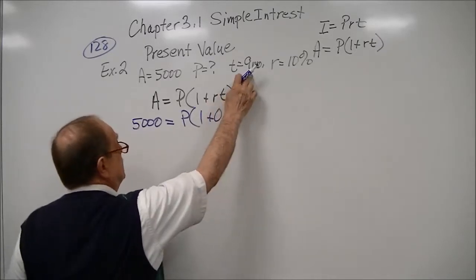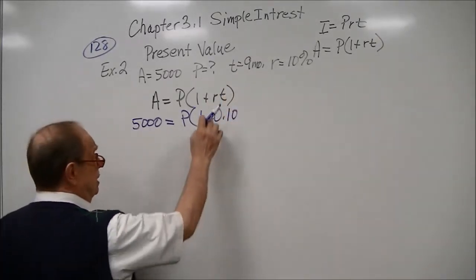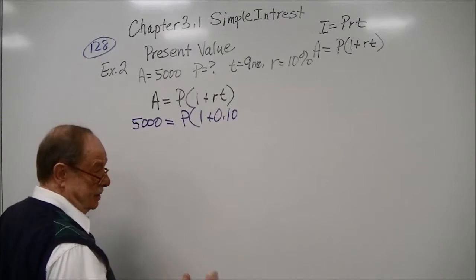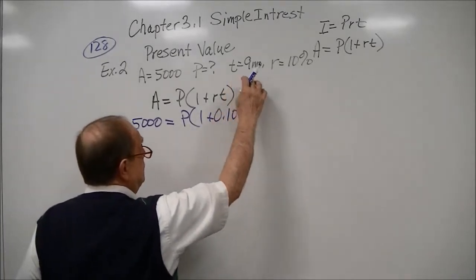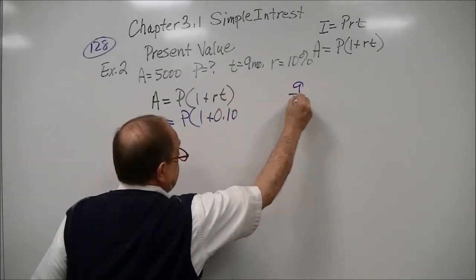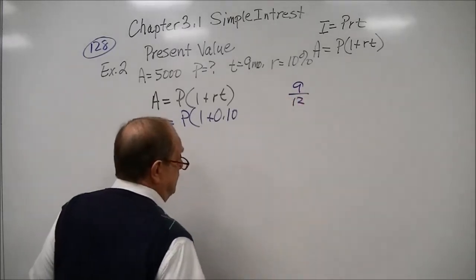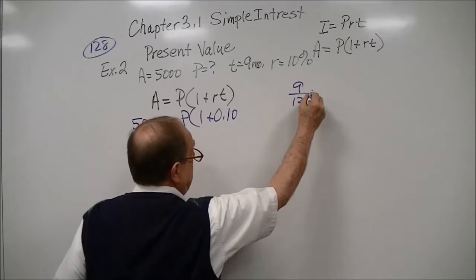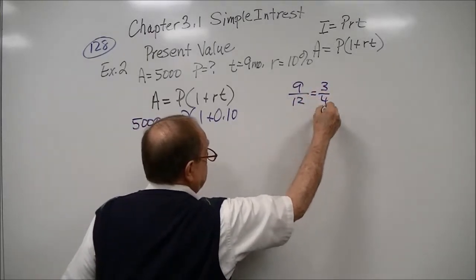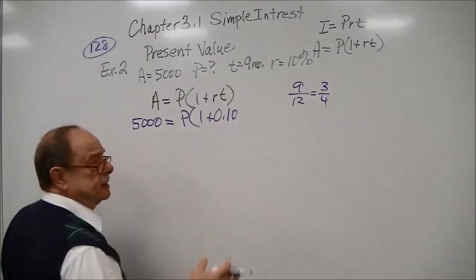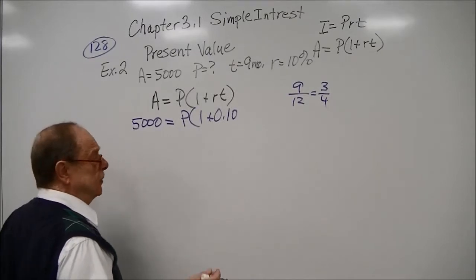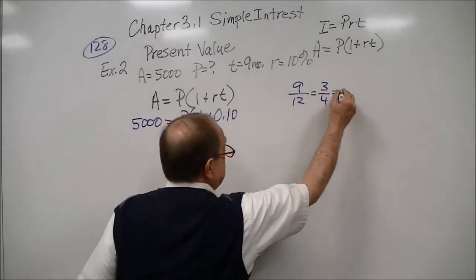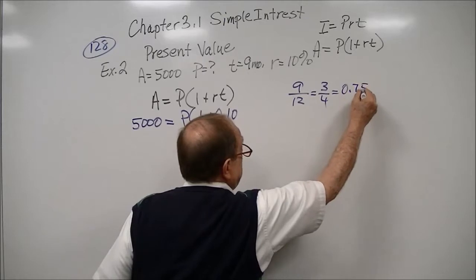And our time is 9 months, but in this formula it's years. So we have to convert 9 months into years. So that would be 3/4. And it's nice if it's in a decimal form, and that is equal to 0.75.